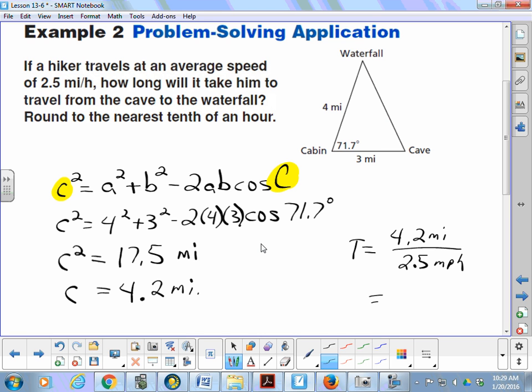So how long does it take him to go from the cave to the waterfall? That would be 1.7. Okay, 1.7 hours.